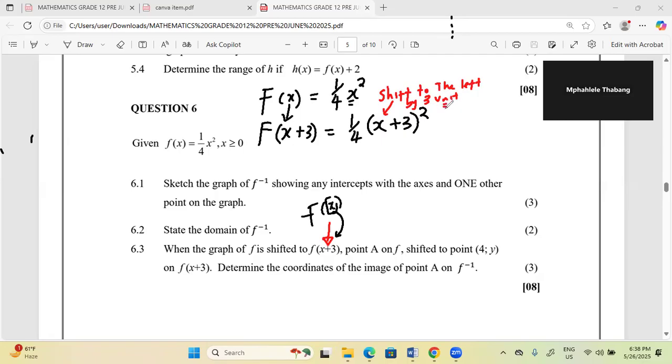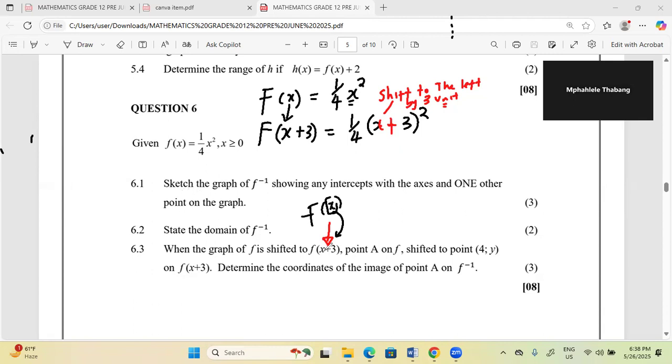Whenever we add to x, we are simply shifting the function to the left by 3 units. If it was minus 3, it means we were shifting to the right. Whenever we subtract from x, we are shifting to the right. But here they are saying plus.